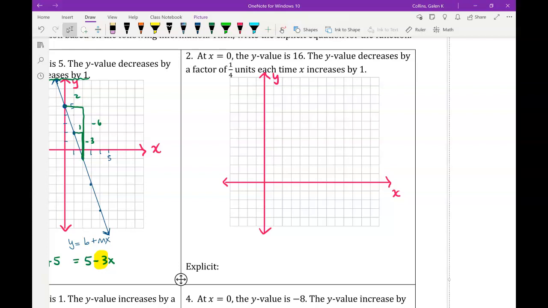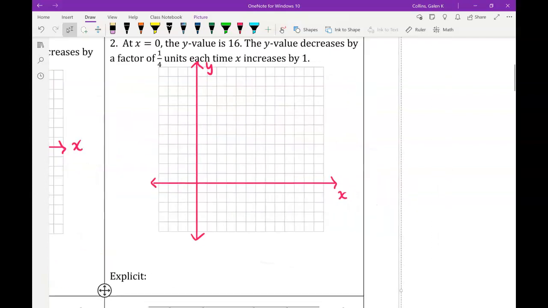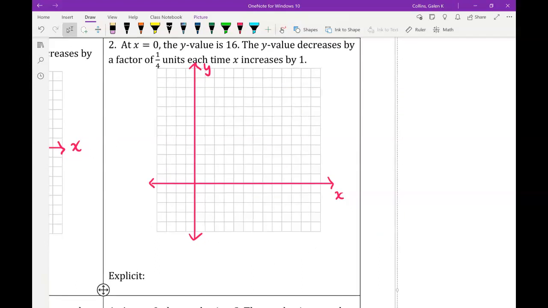The first few times I read this, I wasn't sure if I was supposed to find 1/4 of 16 and subtract that, or if this meant that my next y value is 1/4 of 16. So I looked up the answer, because I honestly feel like when we say decreases by, that almost implies that I would subtract, but I think I was wrong when I was thinking about it that way.